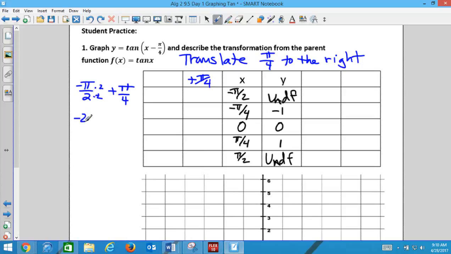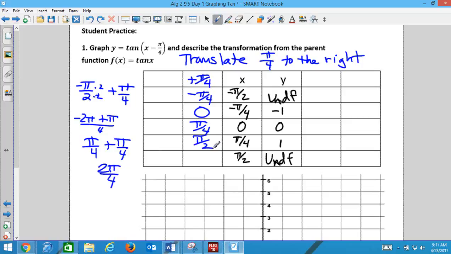So I have negative pi over 2 plus pi over 4. It's going to give me negative pi over 4. My next one, negative pi over 4 plus pi over 4 is 0. 0 plus pi over 4 is pi over 4. Pi over 4 plus pi over 4 is 2 pi over 4, which reduces to pi over 2.